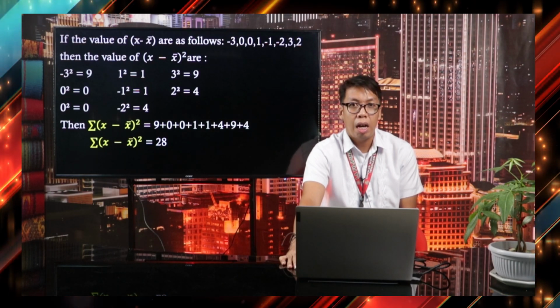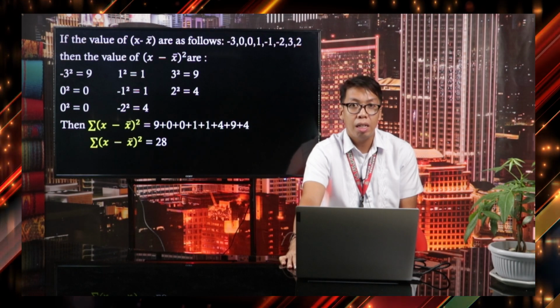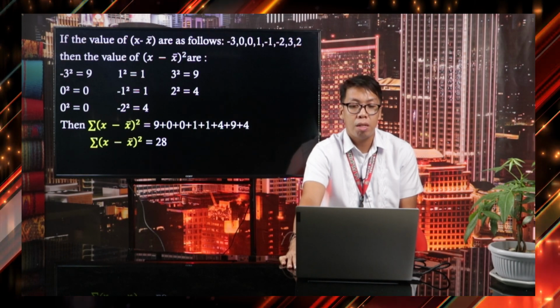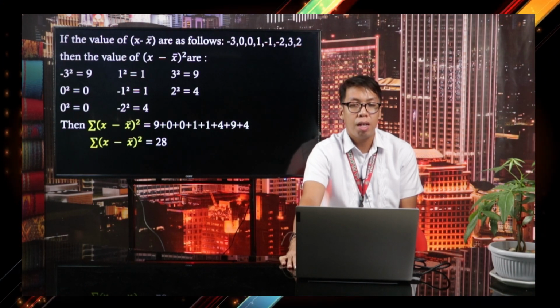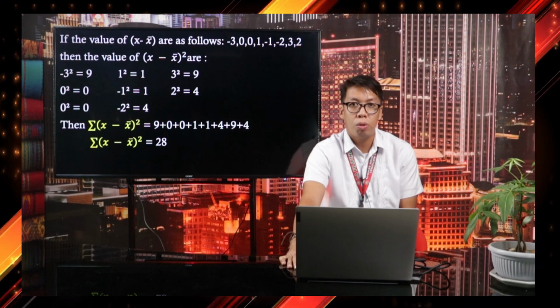Then, add all: 9 plus 0 plus 0 plus 1 plus 1 plus 4 plus 9 plus 4 is equal to 28.